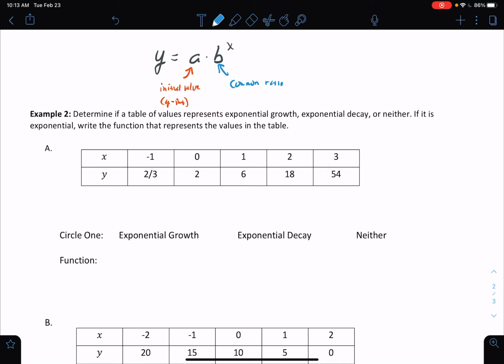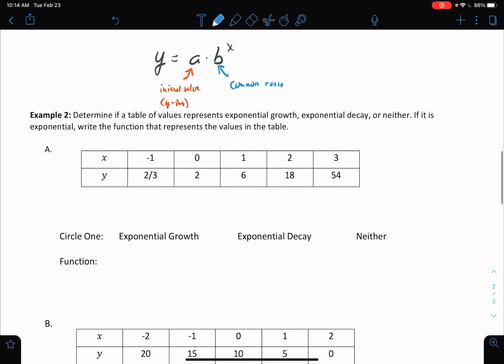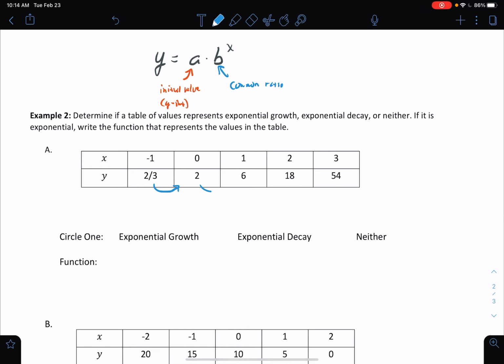So let's see what's going on here. Our x's are going up by 1. That's standard. But what's happening to our y's, our outputs? It might be a little easier to see, not with the fractions, but from 2 to 6. What are we doing? We're multiplying by 3. From 6 to 18, we're multiplying by 3. 18 to 54, we're multiplying by 3.